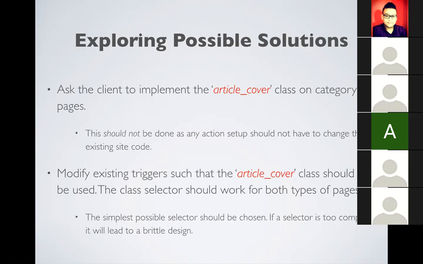We should not be using a different type of selector for different related actions. We should try to use the same kind of selector because we want it to be simple and robust.